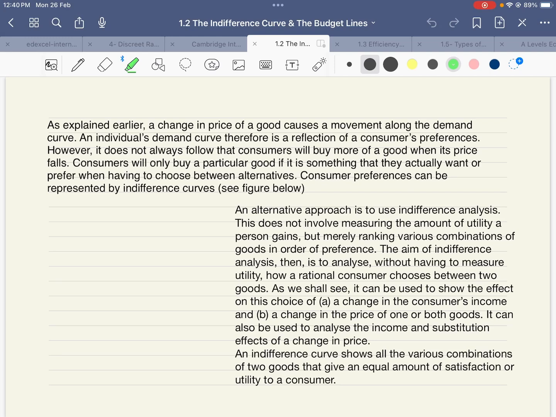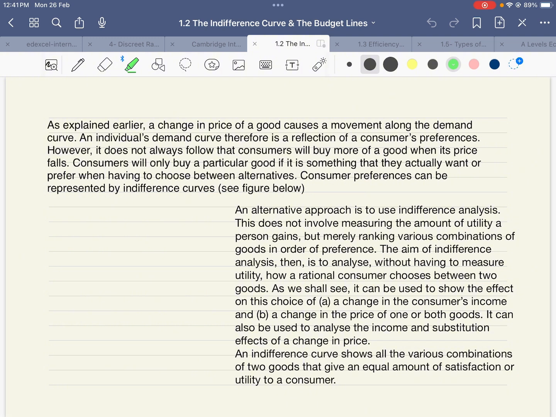We have talked in the earlier lecture about the individual demand curve, but the individual demand curve has an assumption which states that when the price comes down, the quantity a consumer would want to consume would increase. That's not true all the time. So, a better approach to evaluate individual preferences would be an indifference curve.